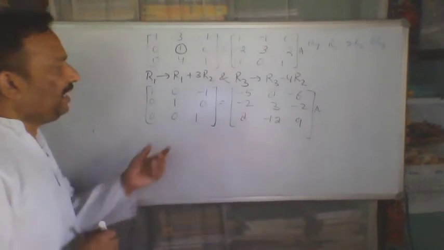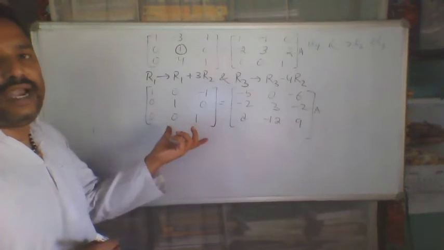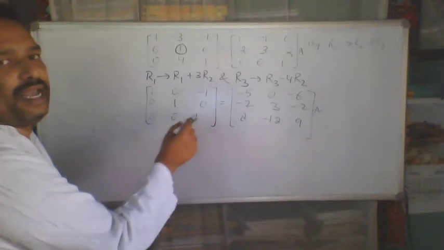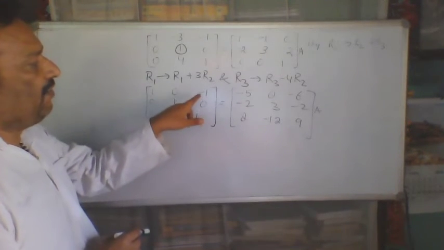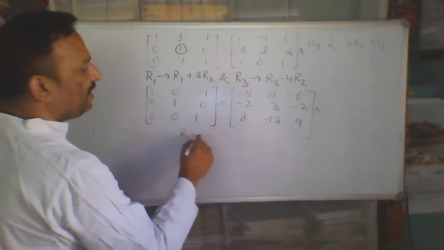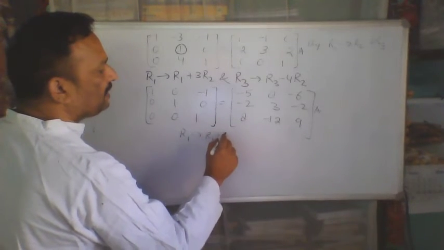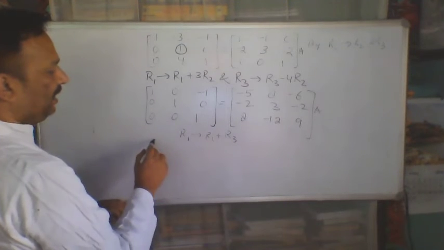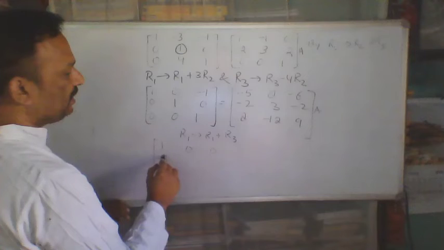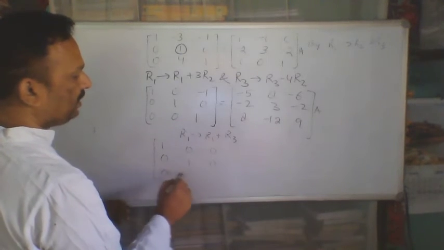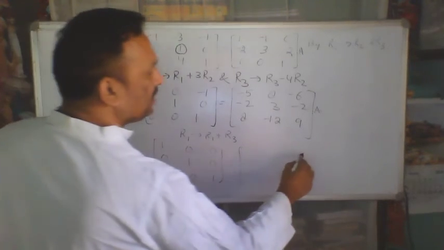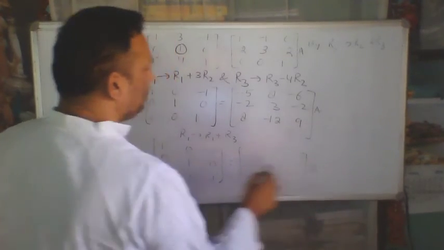Now see, here it is almost identity except for this element, and we have already got our key element as 1. So with the help of this, we will make it 0. To make it 0, we operate R1 is such that R1 plus R3, and so it will become 1 0 0, 0 1 0, and 0 0 1, and the corresponding change in the result will be here.